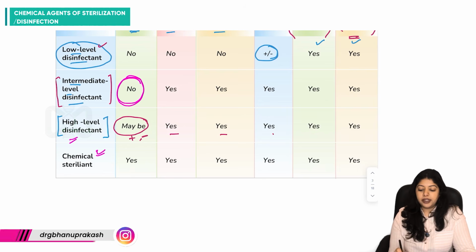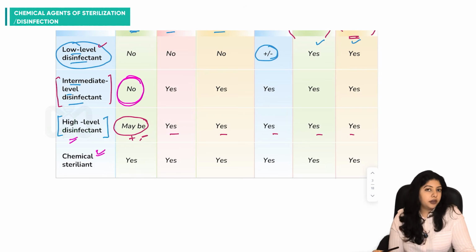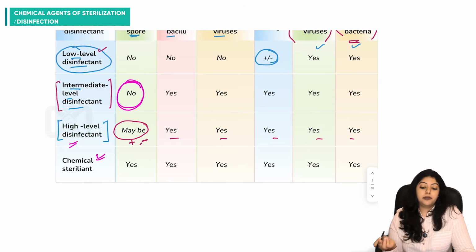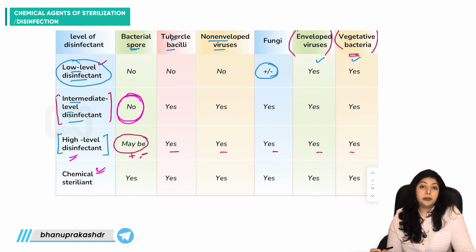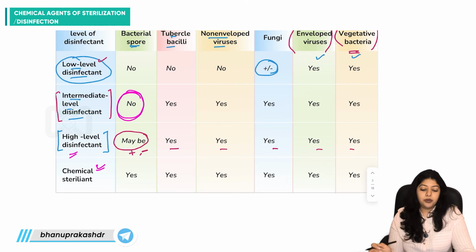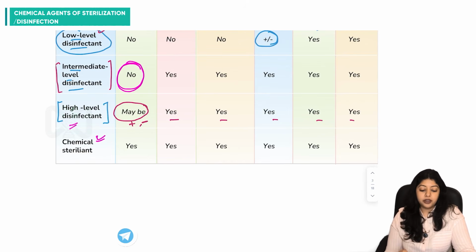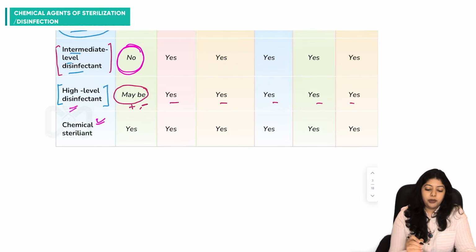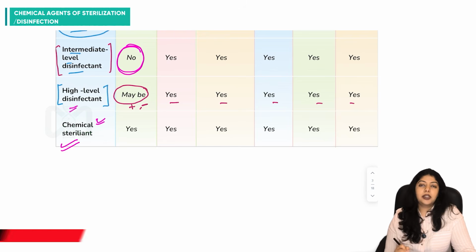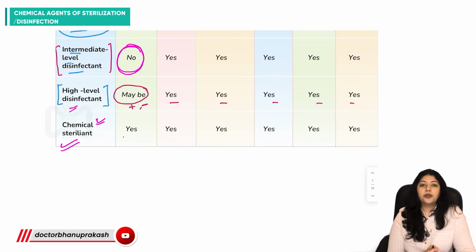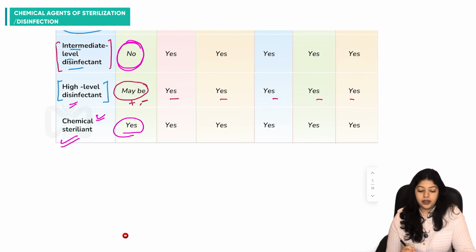All the other categories, whether enveloped or non-enveloped viruses, the fungi, the tubercle bacilli, will be destroyed by high-level disinfectants, but they might or might not have activity against bacterial spores. And the most important category, chemical sterilants, are going to have activity against all the pathogens. They are very easily able to destroy the spores as well, right?